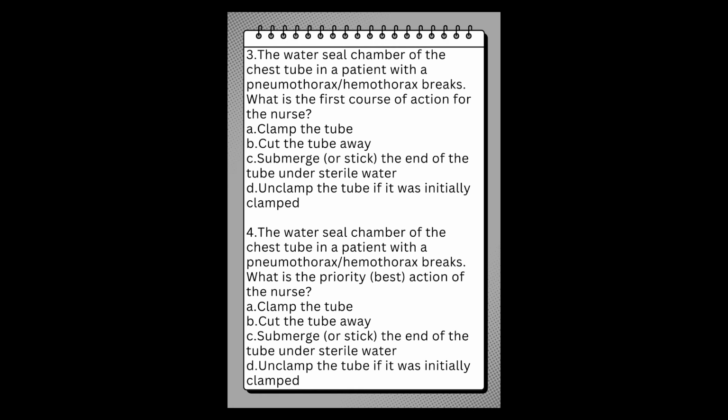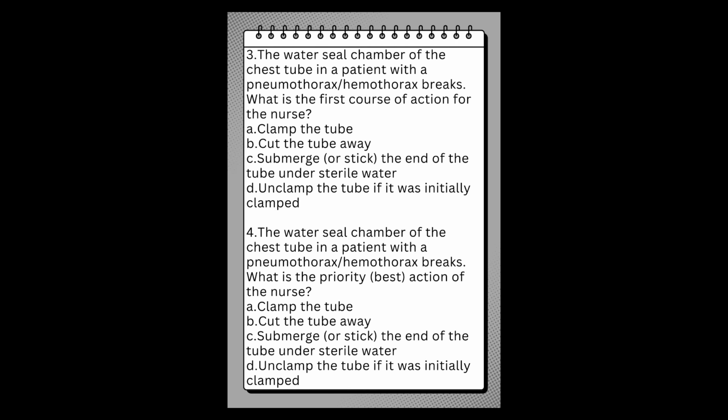Let's go to the next question. The question says the water seal chamber of the chest tube in a patient with pneumothorax or hemothorax breaks. What is the first course of action by the nurse? A. Clamp the tube.